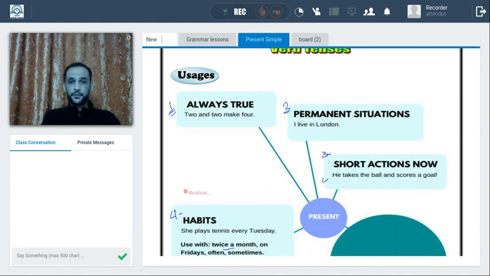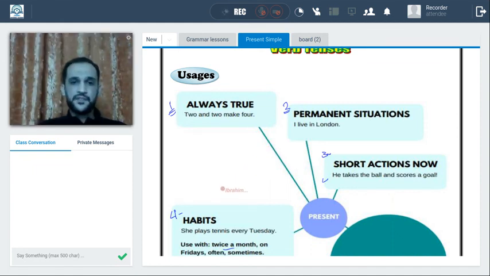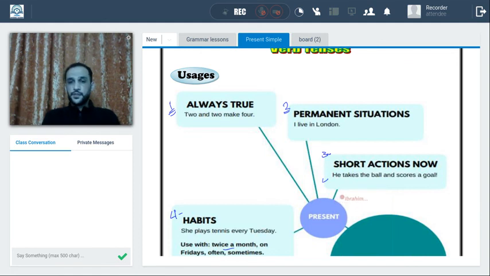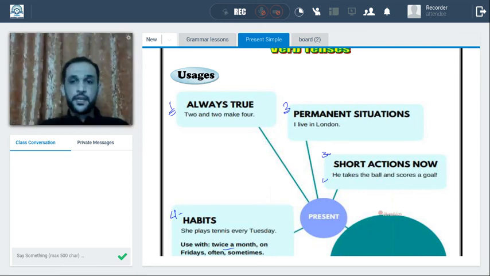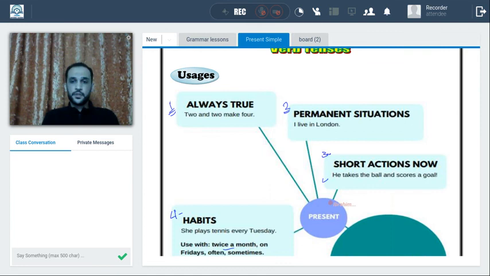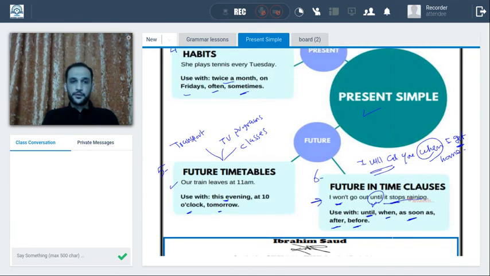Look at this example: our train leaves at 11 o'clock. And finally, I can use the present simple in the future in time clauses. This is when I use some words such as until, when, as soon as, after, and before, and all of them are followed by the present simple. And before them, we can use the future, as in I won't go out until it stops raining.